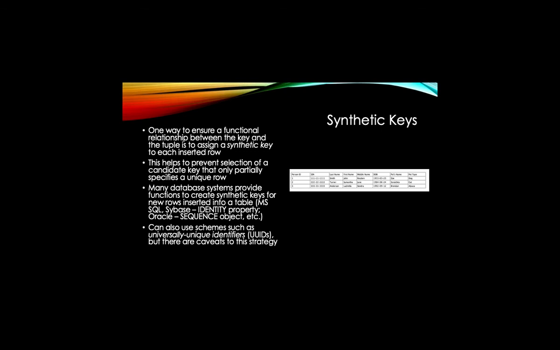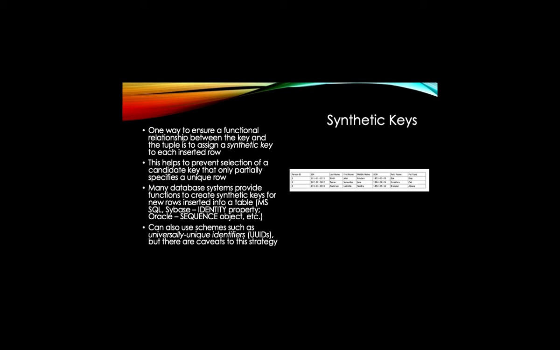Last time we met, we talked a little bit about the concept of synthetic keys. One thing that is easy to do, you can ensure a one-to-one functional dependency between your key and your data if you arbitrarily assign a unique key value to every unique row of data in your database, irrespective of what the content of that row of data is.